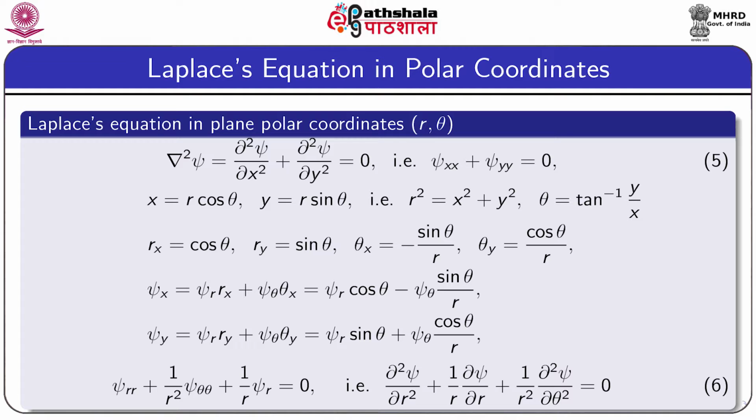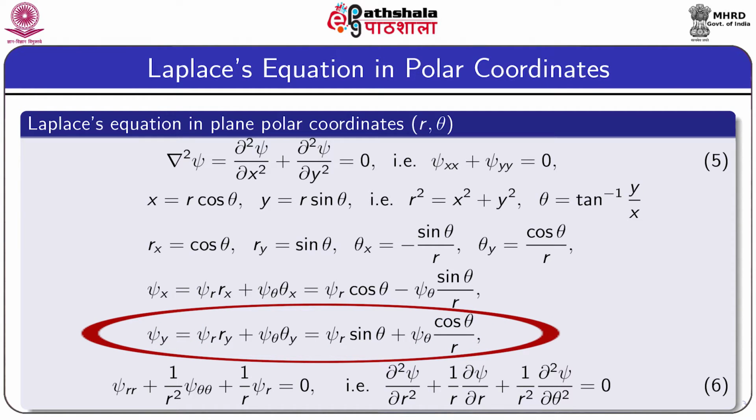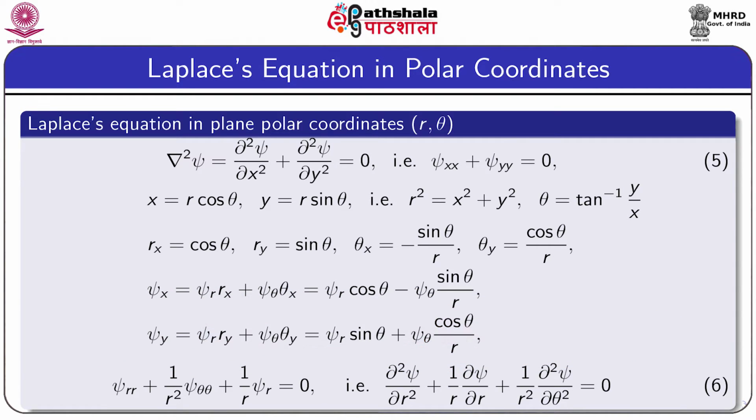Similarly, we can derive the value of psi y using chain rule. Psi y equals psi r r y plus psi theta theta y. So, this equals psi r into sin theta plus psi theta into cos theta by r. Here we have used the value of r y and theta y which are given here.